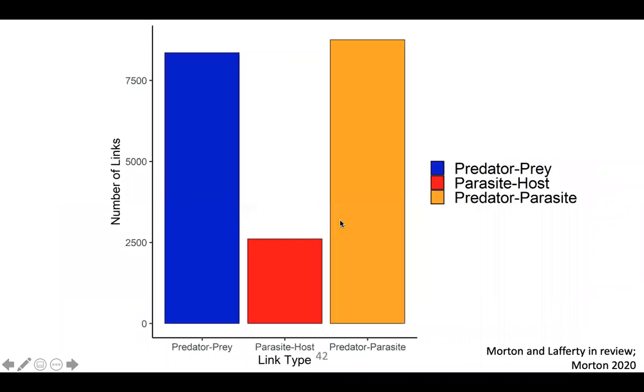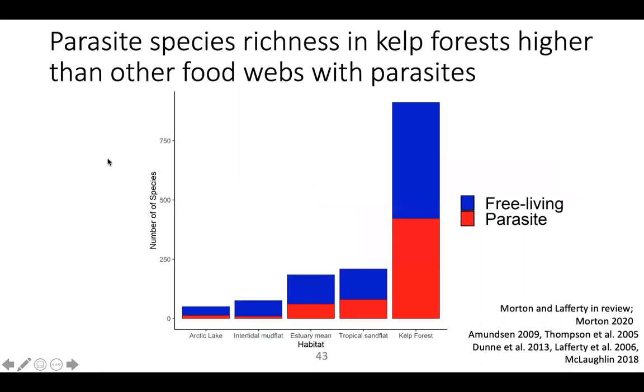And if we break down the link proportions by link type, we can see that the most common link type was actually those predator-parasite interactions, whereas there were fewer parasite-host interactions than predator-prey. And we'll talk a little bit more about why that is in just a few slides.